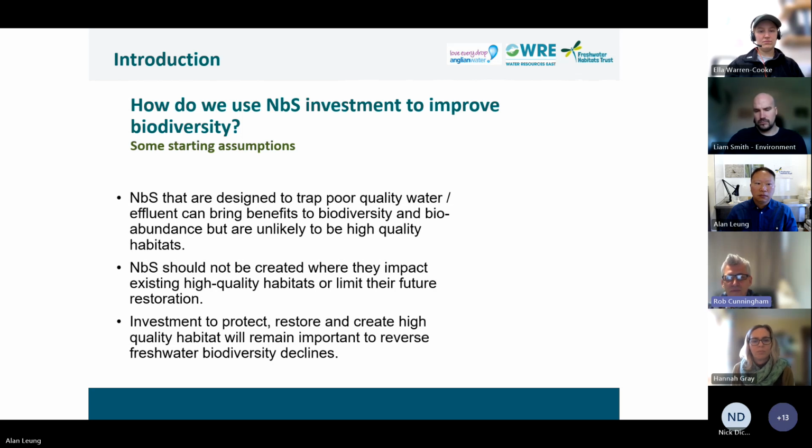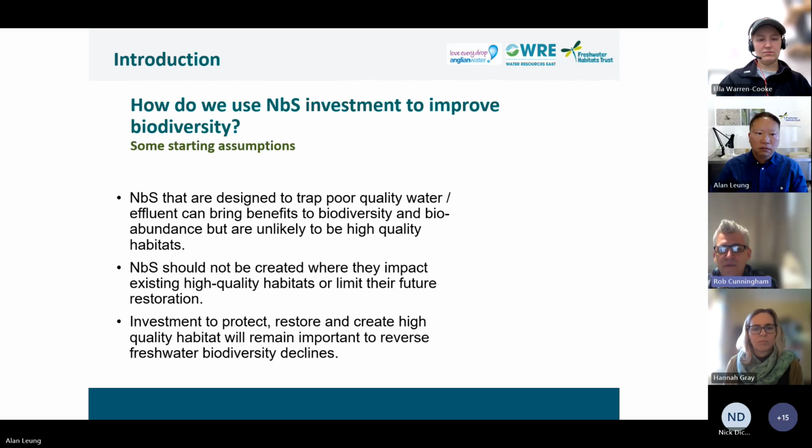So absolutely, they can bring benefits to biodiversity and bio-abundance as an alternative to other grey infrastructure solutions or indeed other land uses, but if they're trapping lots of pollutants, they are limited in terms of how special they can be.